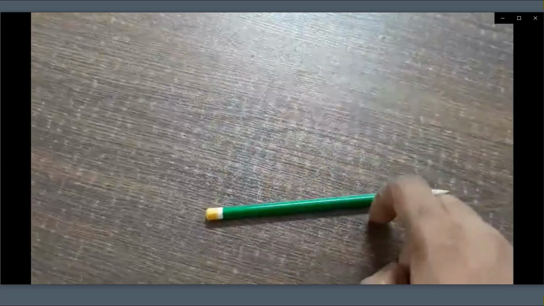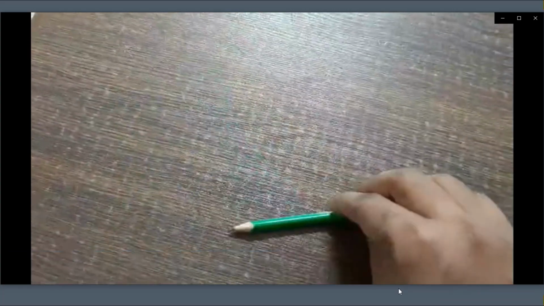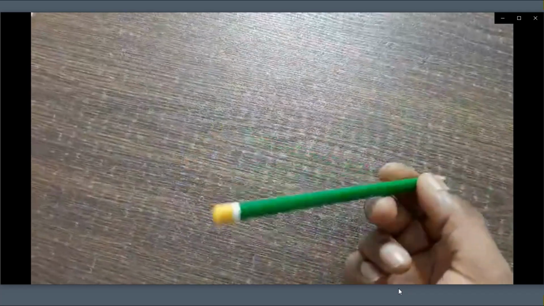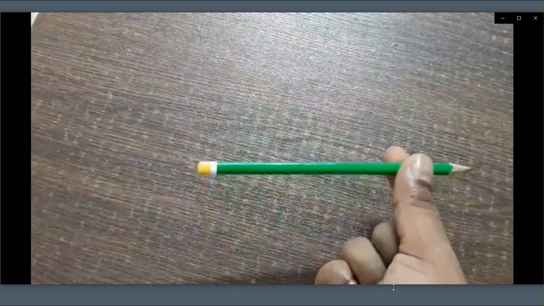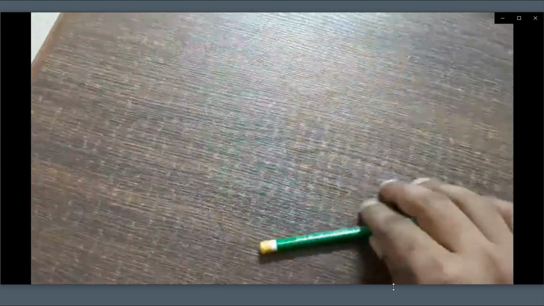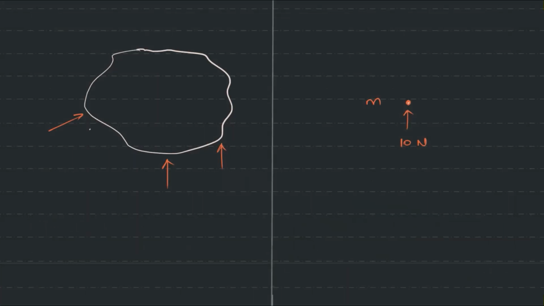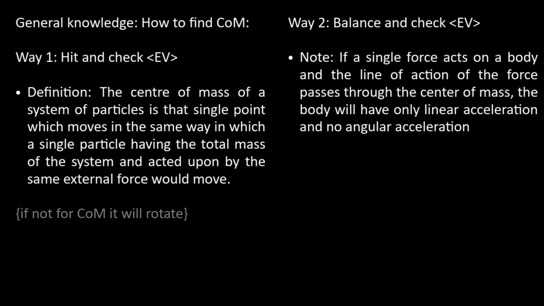Well, if I try to balance it at any other point, for example, the point wherein I'm making the object rotate, if I try to balance over there, what happens? It falls. Yeah, this is something that you guys have done, and this is something that we are making use of. So you can find the center of mass by doing this.